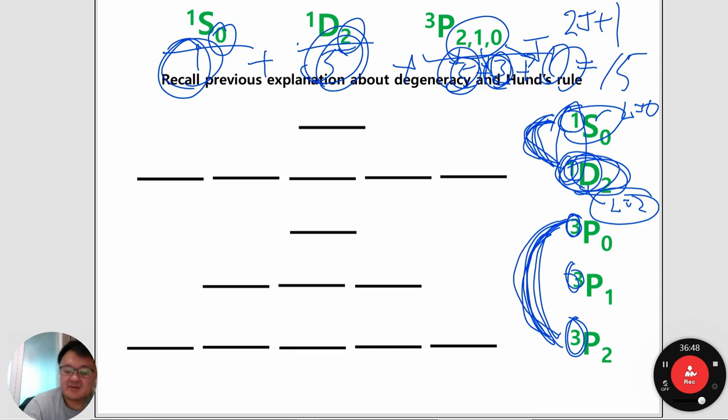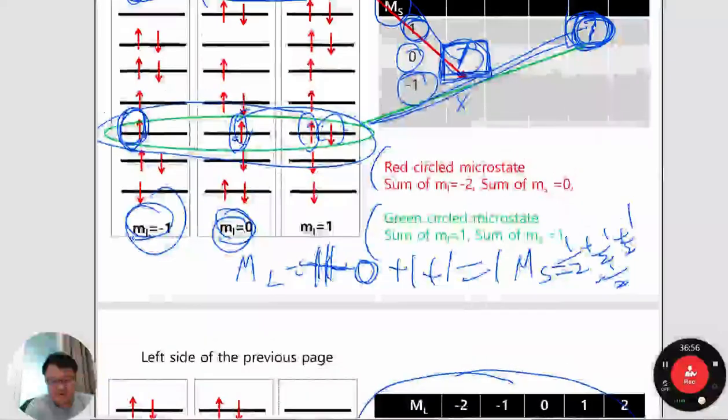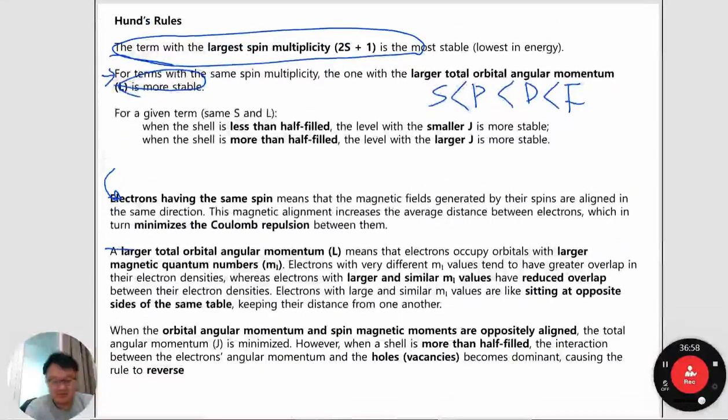Now we have to apply the J value. Let me go back to the page where I already explained the Hund rule. This is a situation where we have more than half filled. We have 4 electrons, so this rule should be applied. Now we have a more than half filled situation. The level with the larger J is more stable.